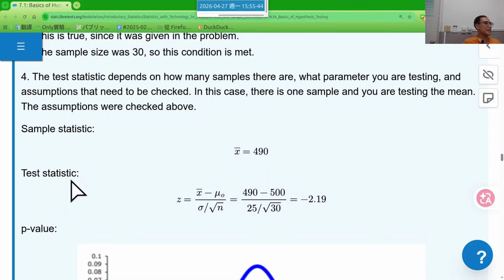And the test statistic, here the z-score of this mean: the sample mean minus the population mean, divided by sigma over the square root of n. Sigma is 25 days, the sample size is 30, square root of 30. At the calculation, we can get minus 2.19.